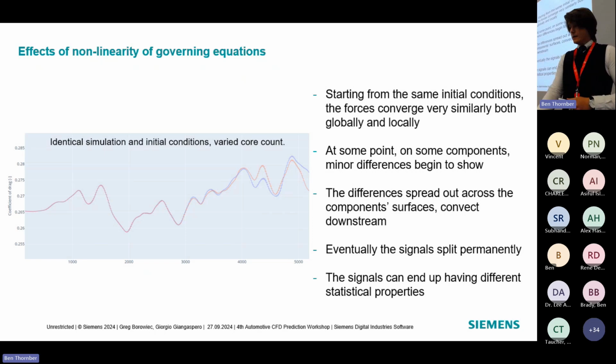In transient simulations, the errors add up as time progresses, eventually leading to different signals. On this plot, you can see 2 signals from the same file, just run on a different number of cores. At first they almost perfectly follow each other, then some small differences emerge, and eventually the signals split.